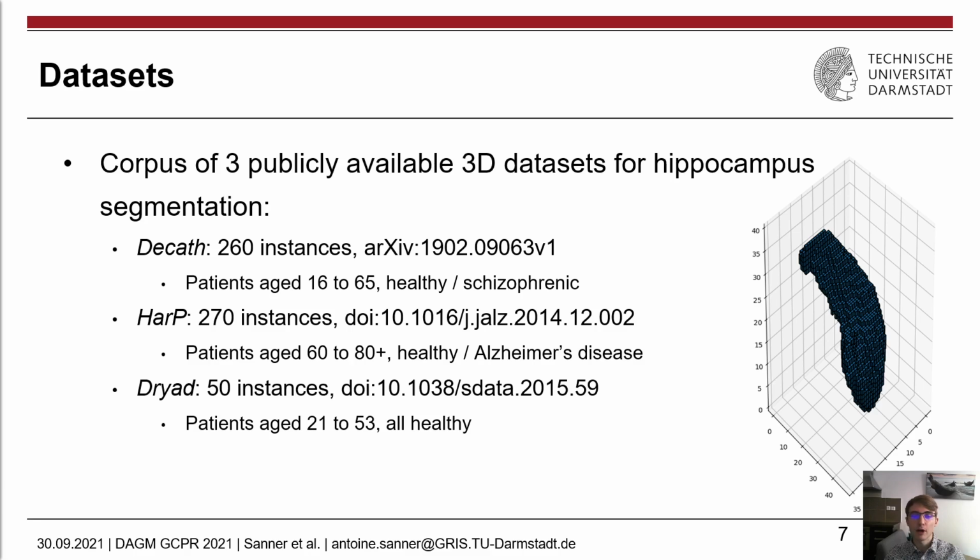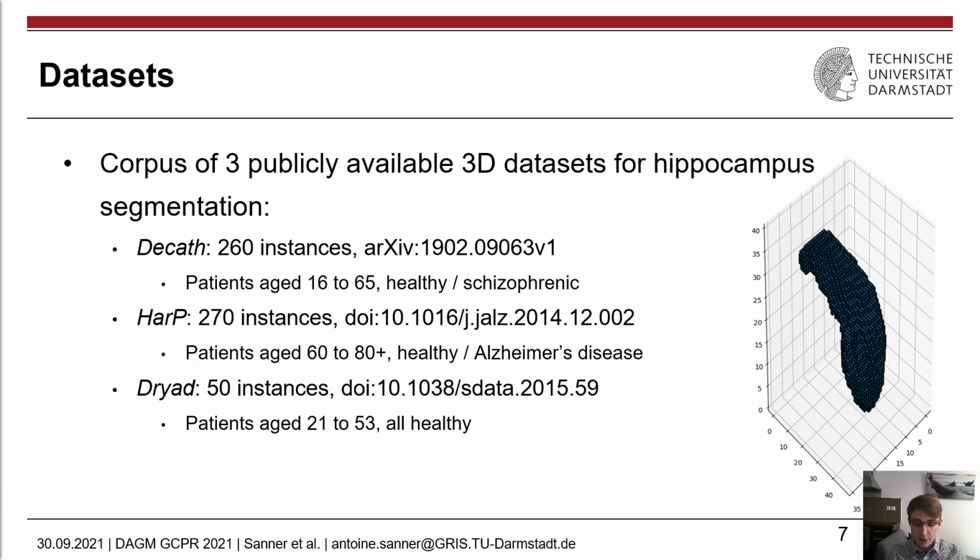There is also a distribution shift in diagnosis from one dataset to the other. And so we expect these different factors to somewhat hinder a model from generalizing from one dataset to the other.